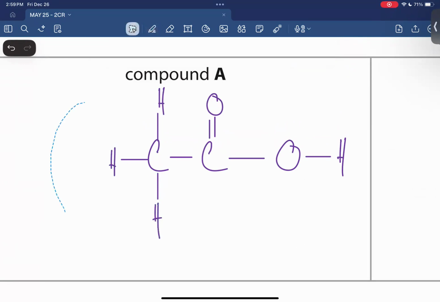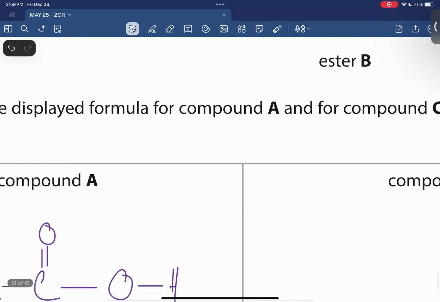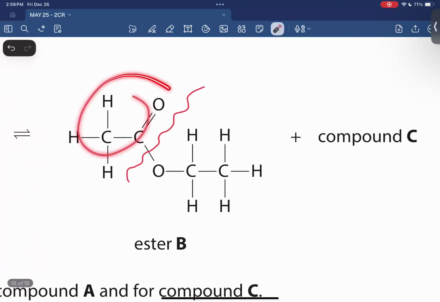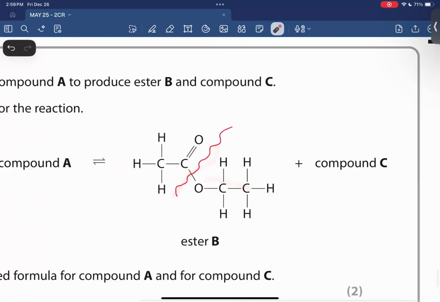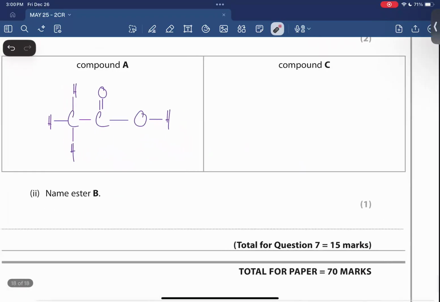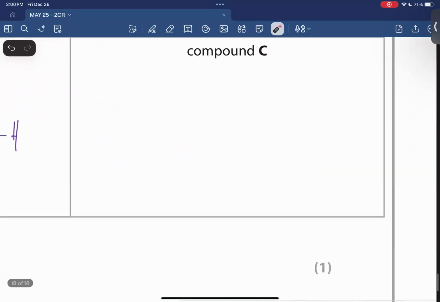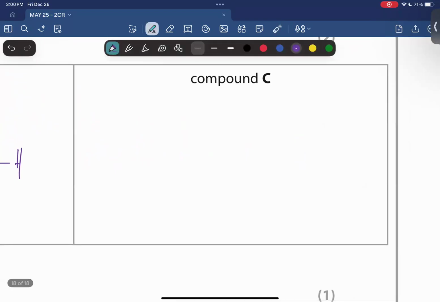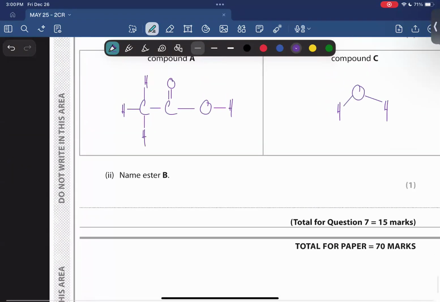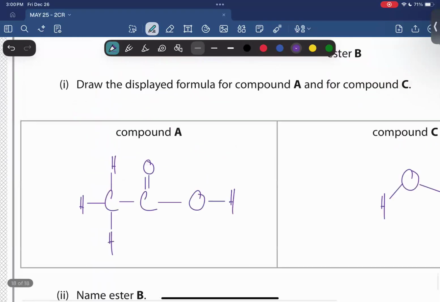Okay, so this is a shorthand formula, right? Anything before the double bond is for the acid, and anything after this is for the alcohol. This is the shorthand method that I use. And water. Okay. Done.